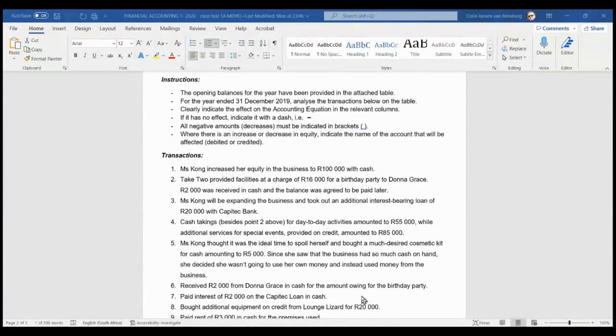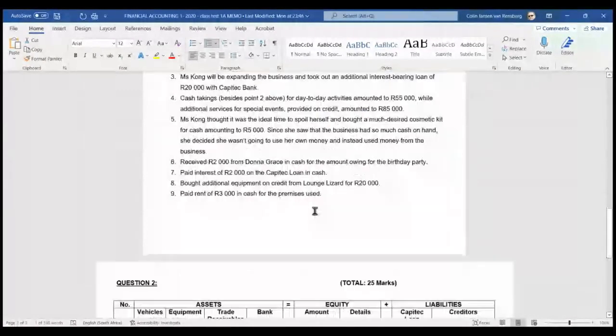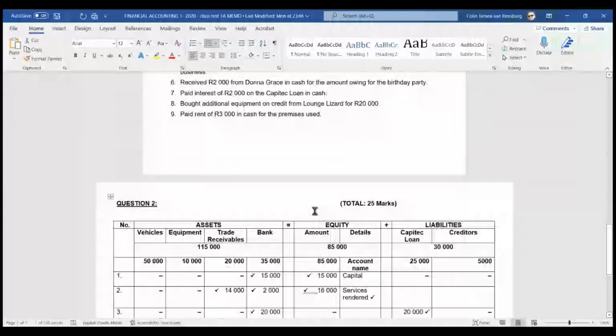Sorry that I'm making such a song and dance of this, but I have to warn you that you'll find this very often in financial accounting, other topics as well, right, ladies and gentlemen? So what is the difference? At the moment, the opening balance on the owner's equity account was 85,000 rands, right? She's increasing it to 100,000.